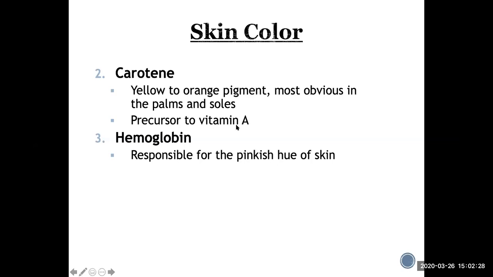And it is a precursor to vitamin A. So it actually requires the sun to produce vitamin A. And the hemoglobin is, of course, the protein in your blood that carries oxygen. And that blood, that red oxygen-rich blood, is what gives the pinkish hue to your skin. So the three different factors that affect skin color are melanin, keratin, and hemoglobin. Any questions on that? Make sense?